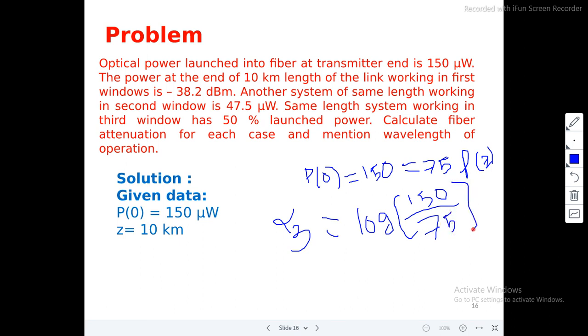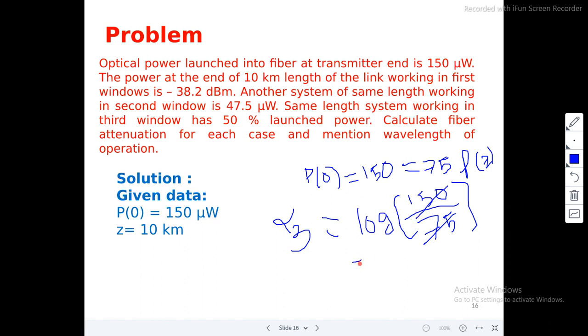The microwatts will cancel. So 150 by 75 is exactly 2.